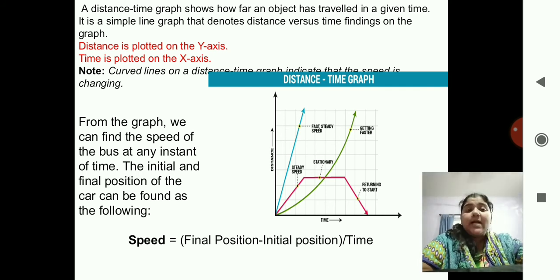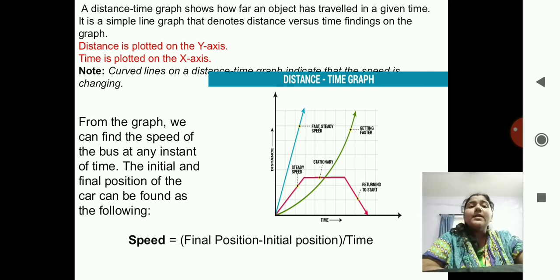That's why the distance time graph is plotted, so that they can know how the motion is going on. The most important part to remember is that time is always plotted on the x-axis and distance is plotted on the y-axis.